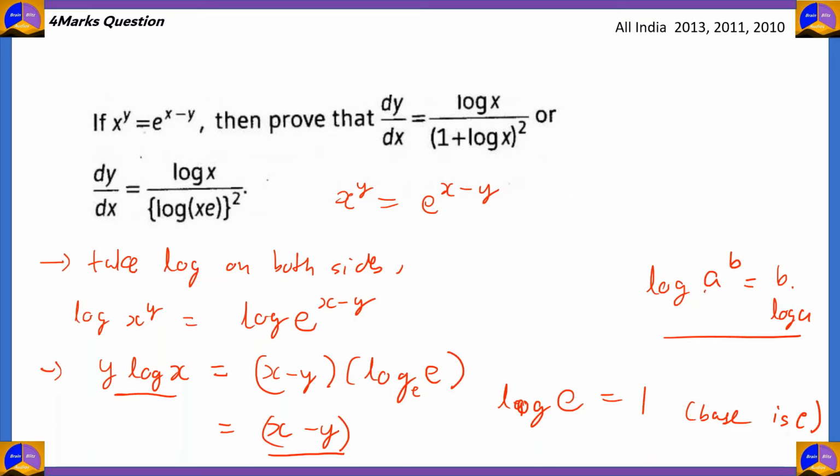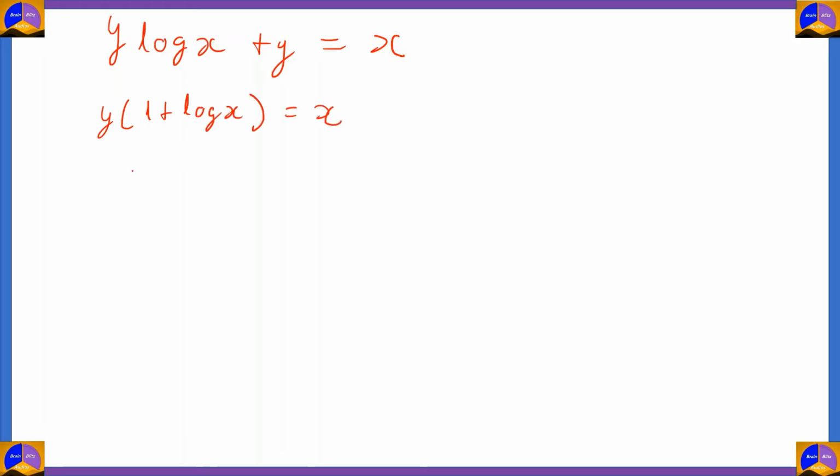So now what do we do? We take y log x plus y is equal to x. We took that y to the left-hand side. And now we take y common, so y into (1 plus log x) is equal to x.